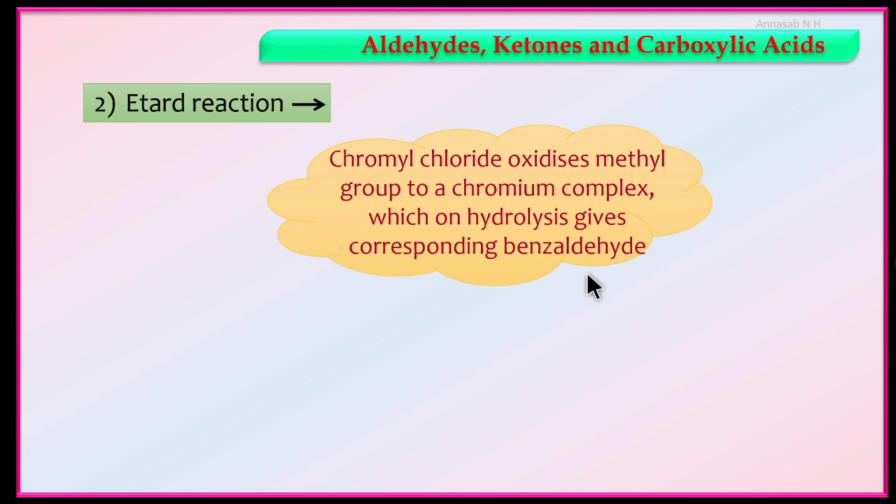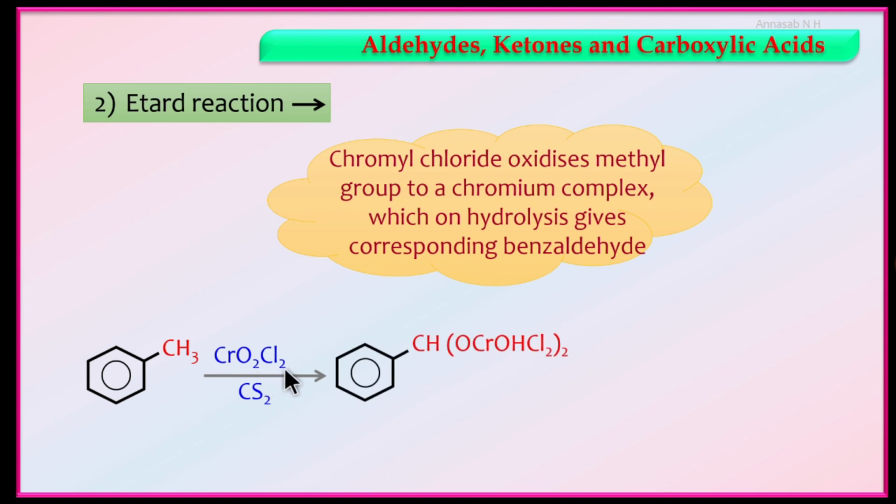It indirectly means that the benzene ring must contain a CH3 group, which reacts with chromyl chloride, that is CrO2Cl2, in presence of carbon disulfide, which converts the methyl group into a chromium complex, which on hydrolysis gives benzaldehyde. In this process also we can prepare only aldehydes. Moving to the next one.